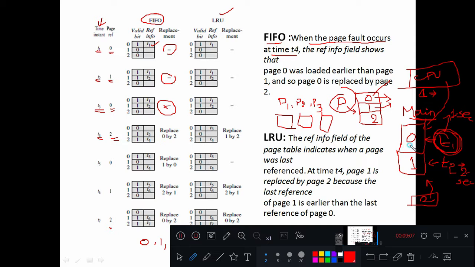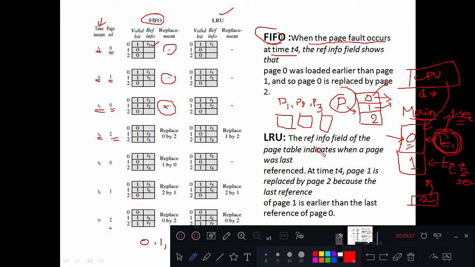Page 0 has come first because its timestamp is less. That means page 0 has come inside first, so that particular page needs to be replaced. As the name tells, first in first out. This is the page which has swapped into the main memory first, so that has to be swapped out, or replaced by page 2.